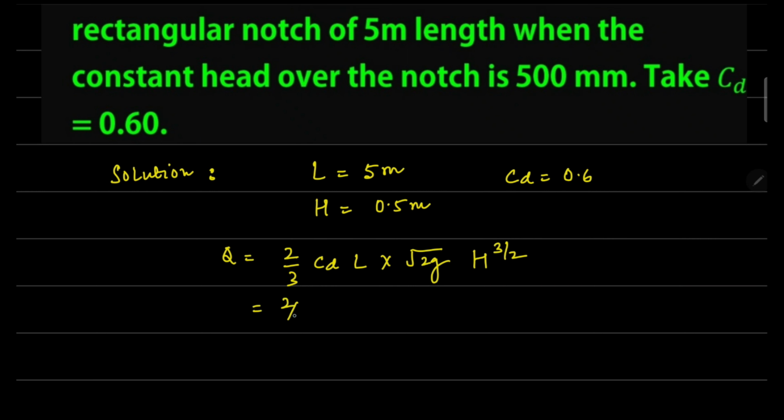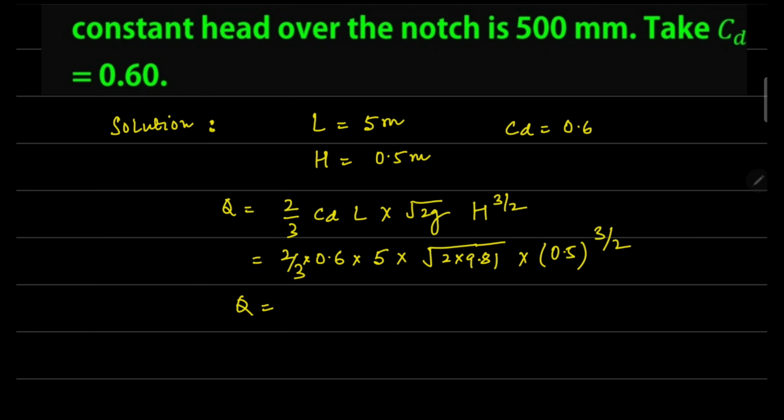So this is 2 by 3, 0.6 multiplied by L is 5 multiplied by under root 2g, that is 9.81, multiplied by H is 0.5 raised to the power 3 by 2. So if we solve, this answer comes out to be 3.148 meter cube per second. That is our answer.